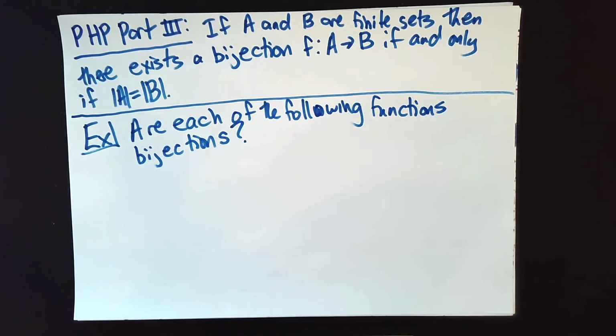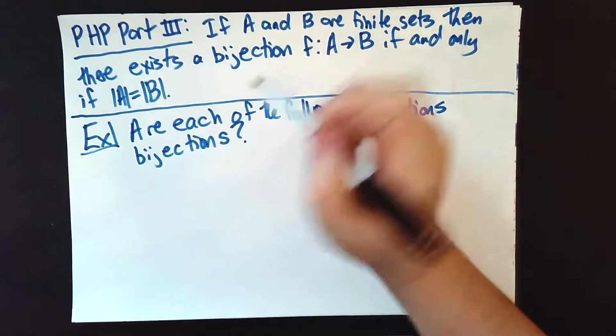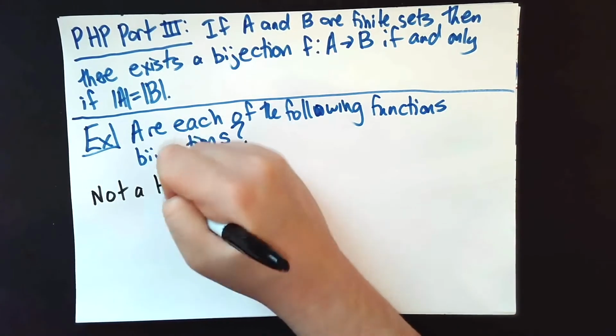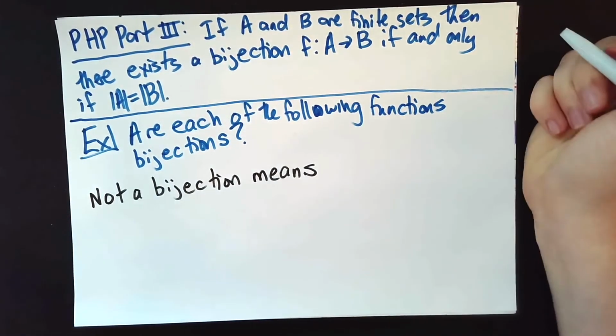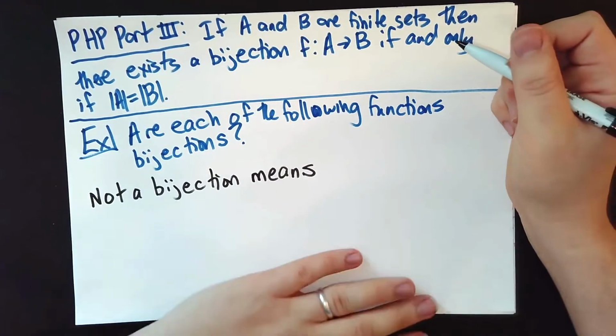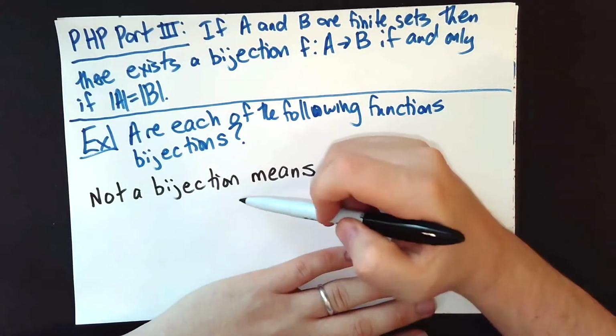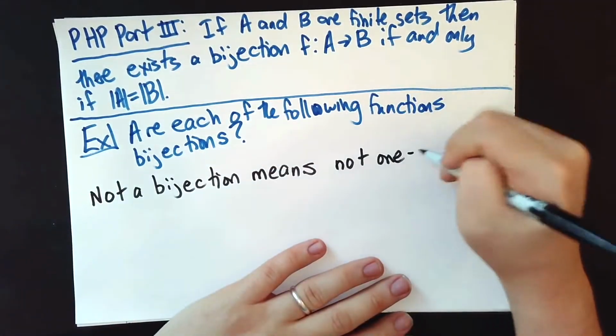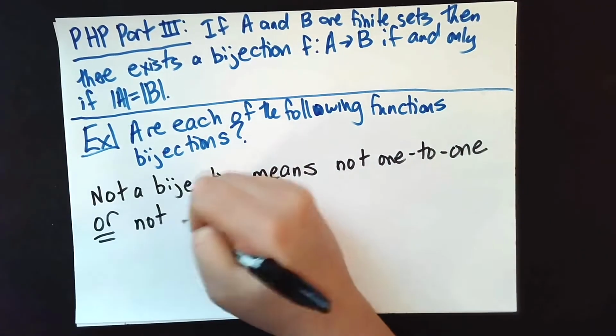So, like we've done before, I want to go through and give you a list of functions, and for each of them I want to ask, hey, is this function a bijection or not? Now, just like before, I want to write down what it means for a function to not be a bijection. So, namely, I want to write down what is the negation of is both one-to-one and onto. Well, it is not one-to-one or is not onto.